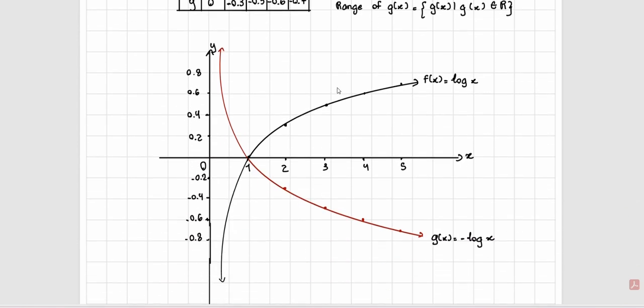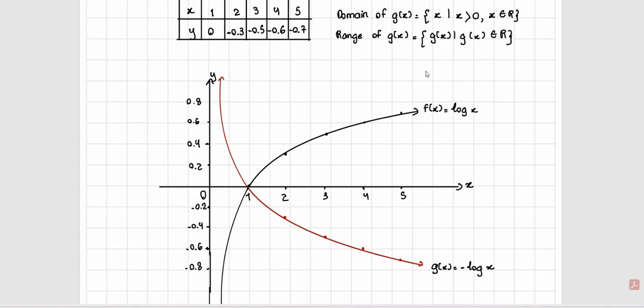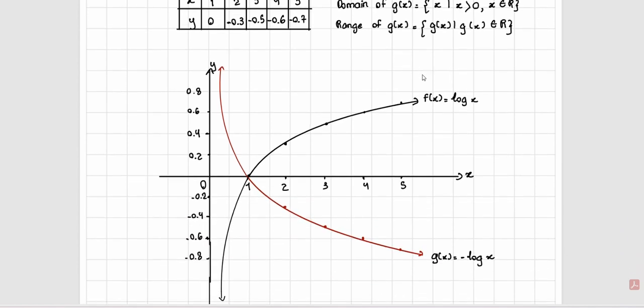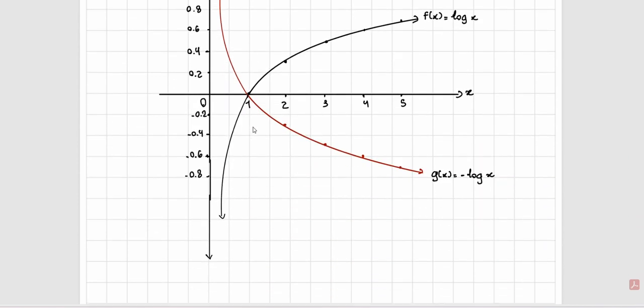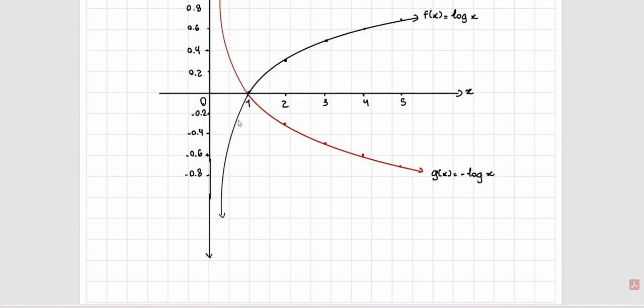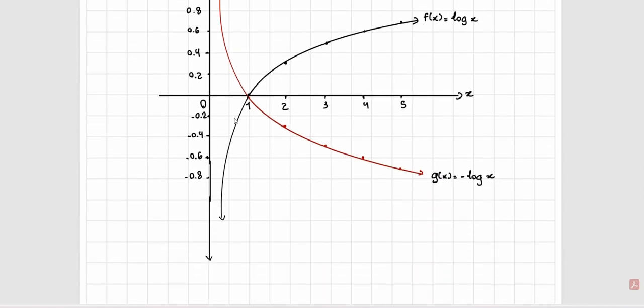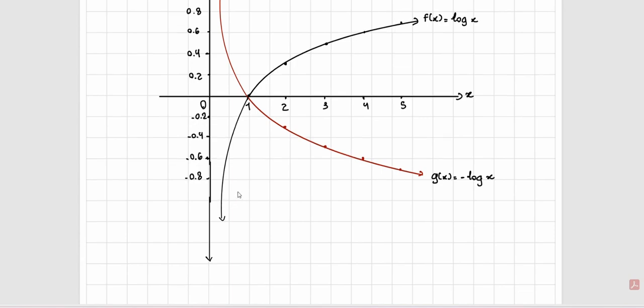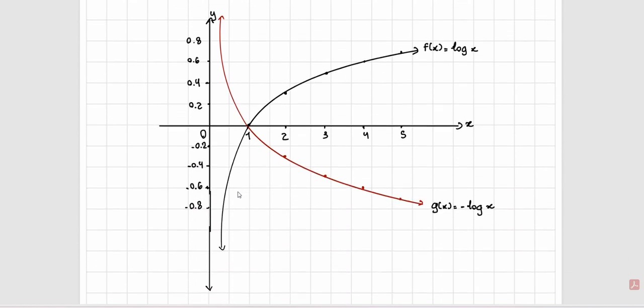For the graph, the blue one is my graph for the parent function y equals f of x equals log x. From the table, even though I only added the value for x equal to 1 and y equal to 0, I continuously drew the line, not as an asymptote though, because I want to show that there are a lot more values between 0 and 1.